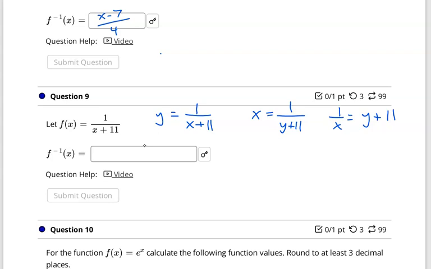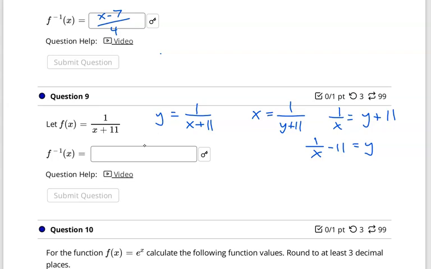Now, subtracting 11 from both sides, I get 1 over x minus 11 equals y. We're trying to get y by itself, so I take the reciprocal of both sides, and then I get 1 over x minus 11 for solving for y.